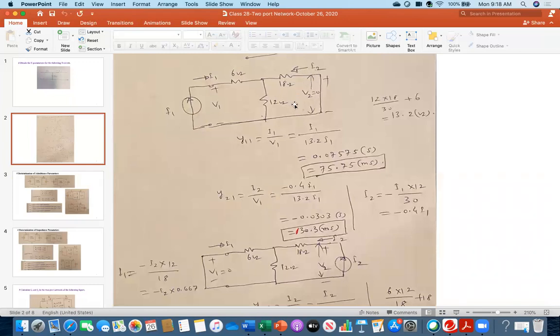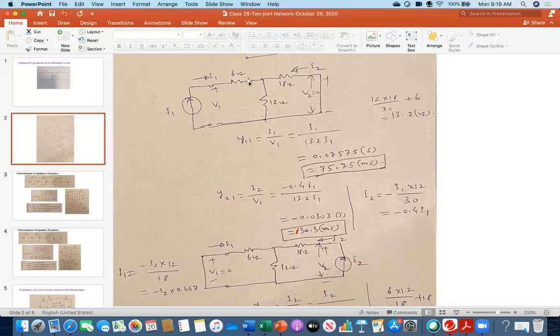So therefore everybody see this circuit. I2 means actually the total current entering is flowing through 6 ohm. After coming to this point, it is being divided into two parts. Something is going that side, something is coming through 12 ohm. So I2 means how much current is flowing through 18 ohm.